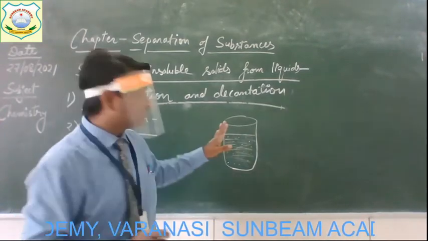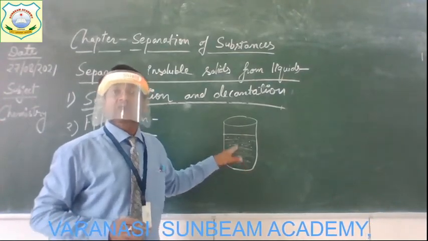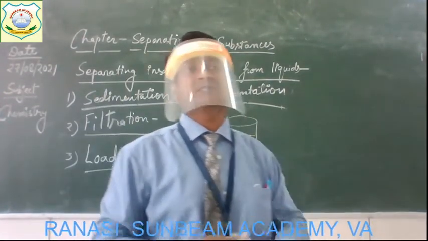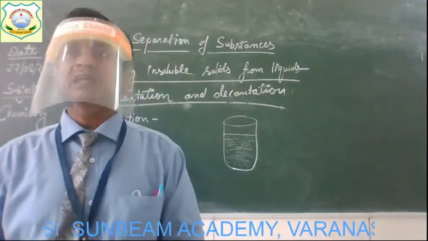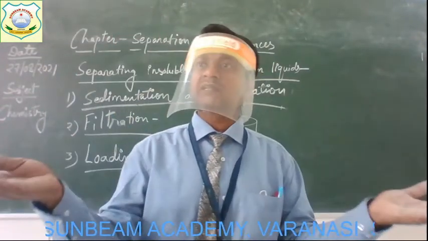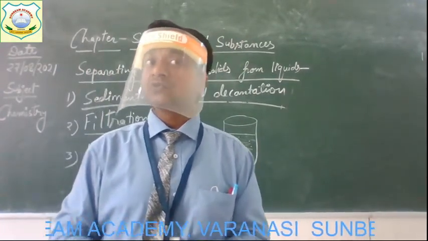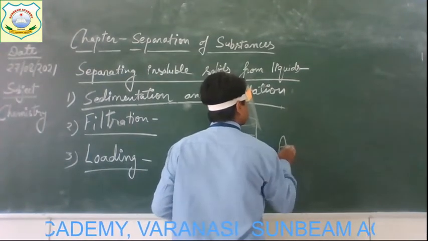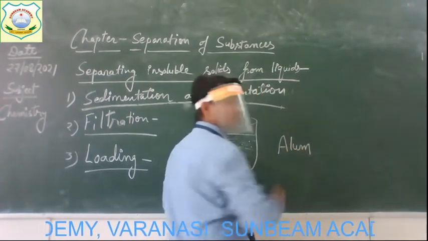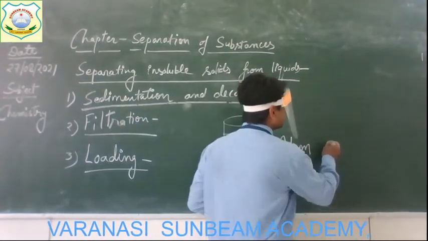And to increase the weight of these small particles, we are going to use a chemical substance which is generally used in everyone's home, in the kitchen. And you must know it, alum. Do you know alum? In Hindi it is known as fitkari. What is it known as?